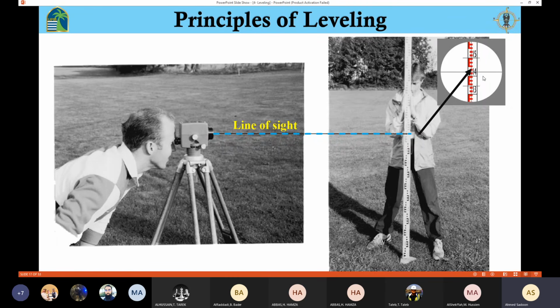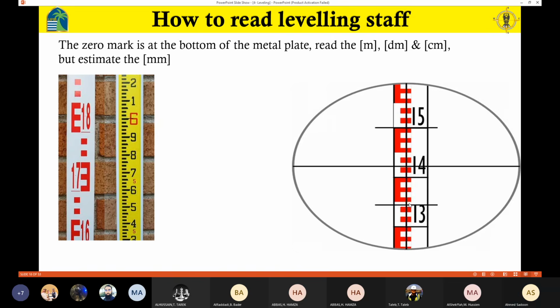So we need to get the reading that corresponds to the crosshair of the device. One person is going to place the staff, and he should make sure that the staff is upright, and another person here should get the reading. This is how the leveling is going to take place for 1 point.